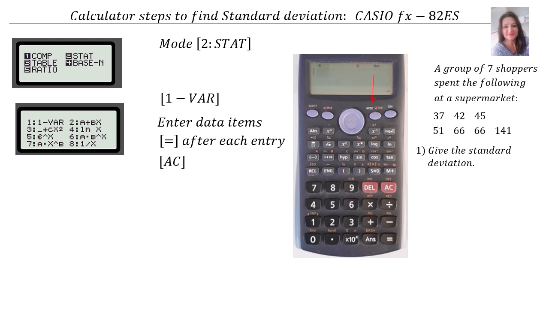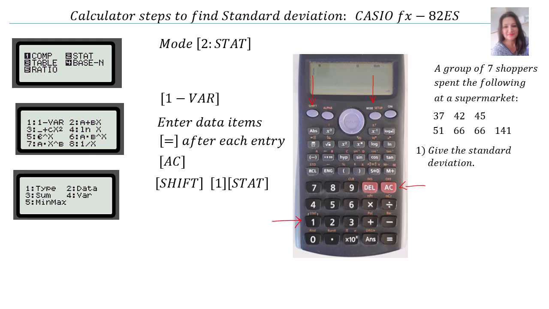At the end you will press AC. This is the AC button, and then you will say shift, and the shift button is there in the left hand corner. Then 1, the number 1 down there, and then stat. This is the screen that you will see.